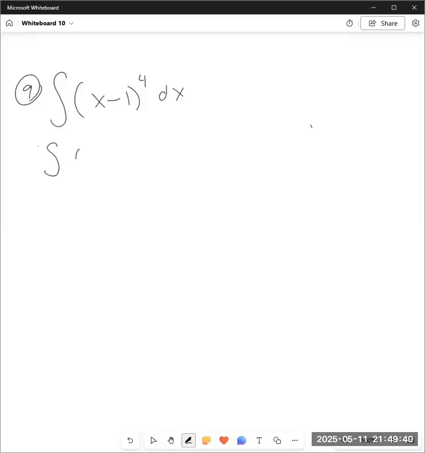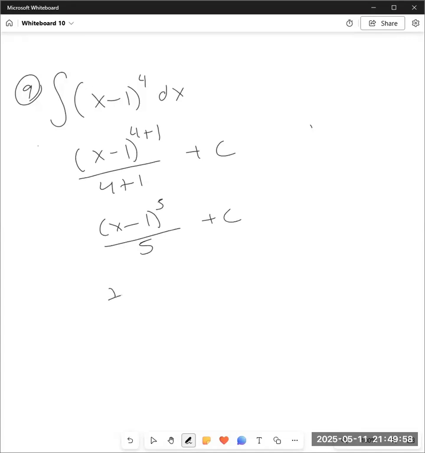We can just take this expression here and use the power rule on it because I have the exact derivative on the outside, and we're going to call this x minus 1 to the 5th over 5 plus c, or 1/5 x minus 1 to the 5th plus c. You cannot use this rule until the exact derivative of the inside is on the outside next to the dx.